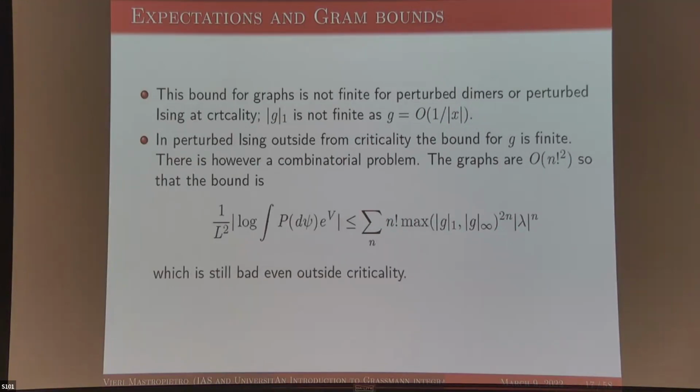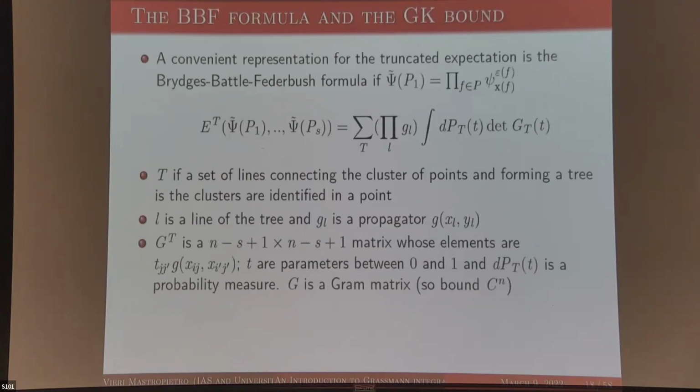So now there is a very nice idea. These are determinants connected to determinants, so we need to use the signs between the different terms. There is a very famous trick, also very old, from the 70s, the Brydges-Battle-Federbush representation. You can write the truncated expectation in this way. The idea is you don't have to expand all the possible terms.